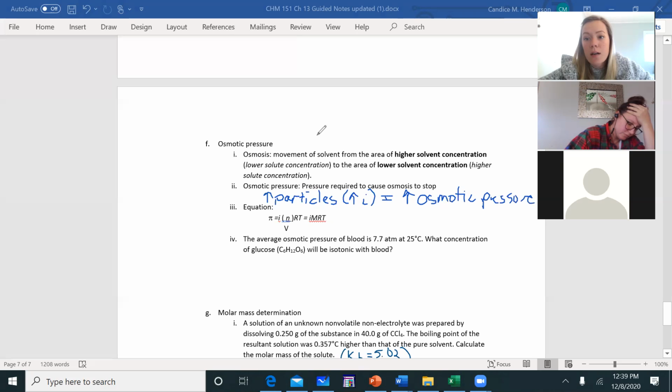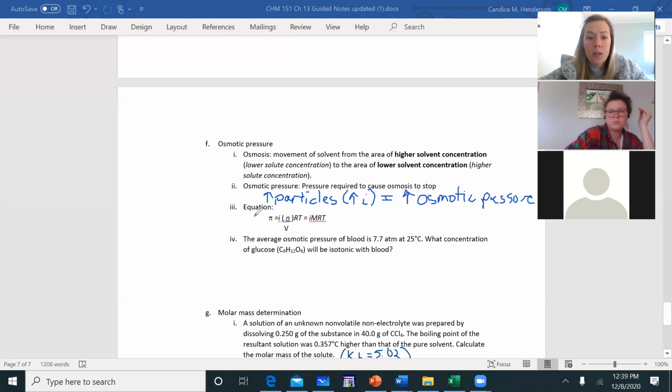The more particles that are in solution, the more concentrated the solution is, the quicker there's going to be this equalizing flow of the solvent. And if the solvent's moving quicker from one tank to the other, the resistance to it, or the osmotic pressure, will also have to increase.